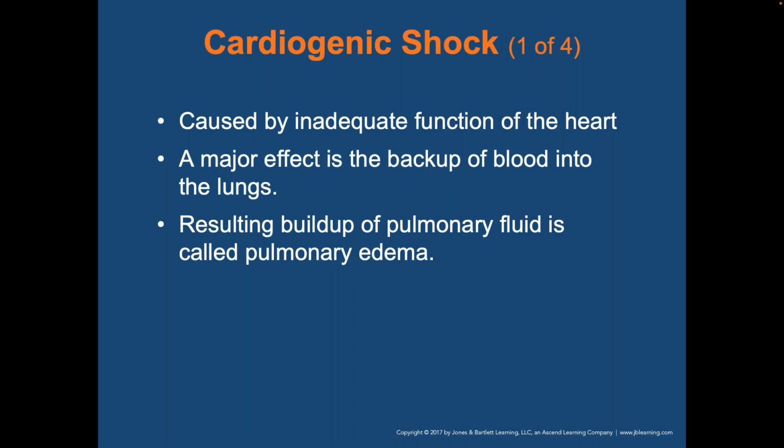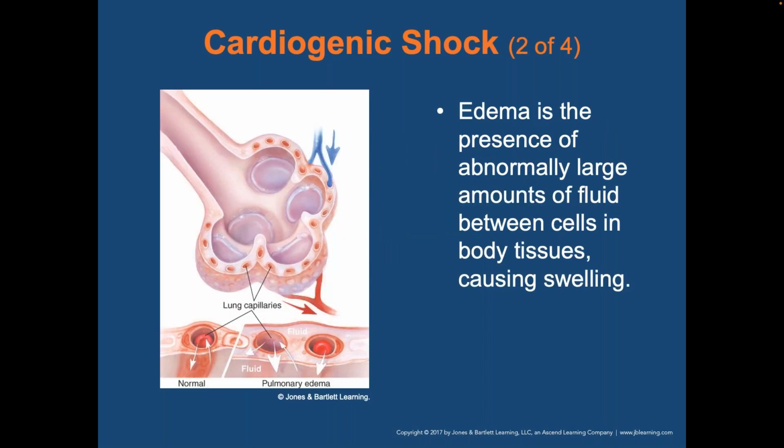Heart starting to fail, fluids coming in, has nowhere else to go, goes into the lungs, resulting in buildup of pulmonary edema. So this is what we call APE or acute pulmonary edema, or just pulmonary edema is perfectly fine as well, where we start doing buildup of fluid into the lungs. Edema is the presence of abnormally large amounts of fluid between the cells in bodily tissue, causing swelling. Basically, they're drowning internally.